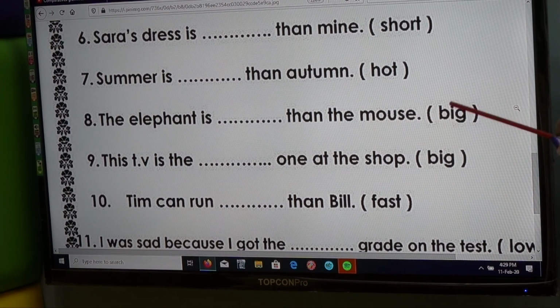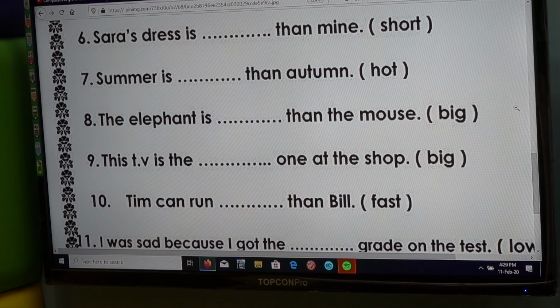It ends with a vowel and a consonant, right? So the elephant is bigger than the mouse. How to spell bigger in comparative? B-I-G-G-E-R, because it ends with a vowel and a consonant. Double the last consonant and add ER. Okay?